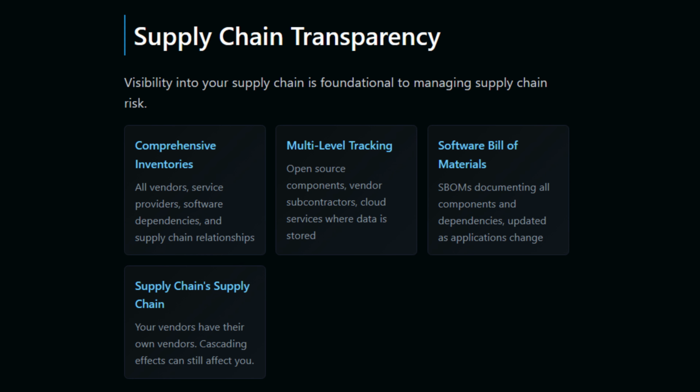Visibility into your supply chain is foundational to managing supply chain risk. Maintain comprehensive inventories of all vendors, service providers, software applications, software dependencies, and supply chain relationships. Create software bills of material. Understand your supply chain's supply chain. Your vendors have their own vendors. As much visibility as you can get enables risk assessment.